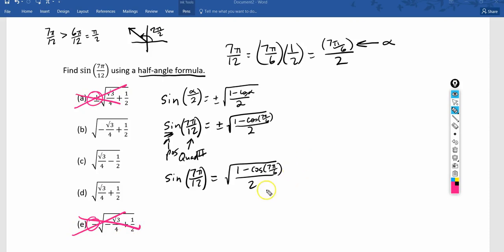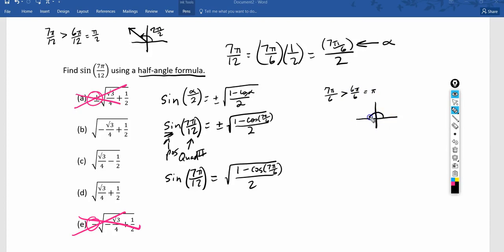Okay. All right. Now I need to find cosine of 7 pi over 6. So where is 7 pi over 6? What quadrant is 7 pi over 6 in? 7 pi over 6 is a little bit more than 6 pi over 6, which is pi. And so for 7 pi over 6, we're going to go a little bit more than the flat angle.